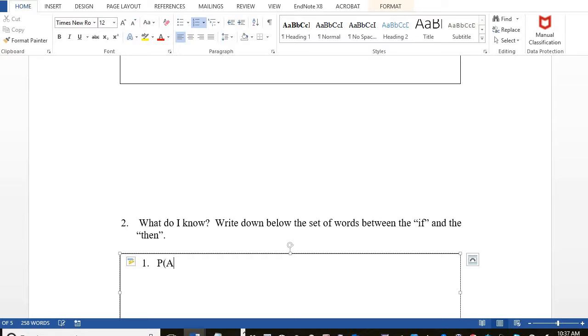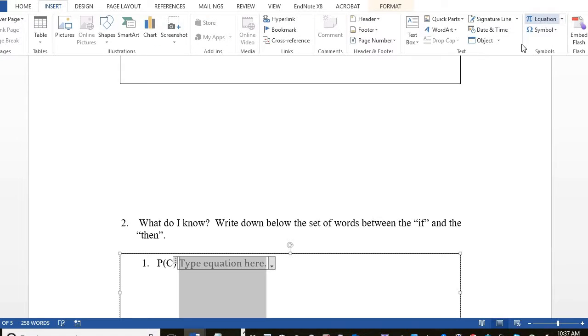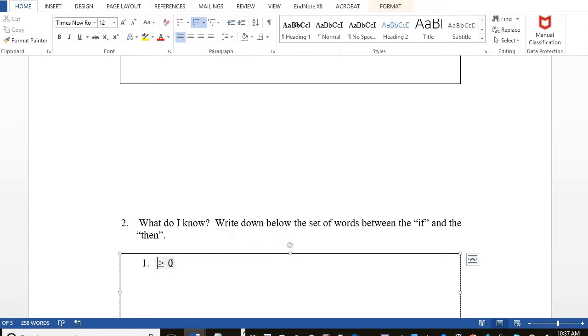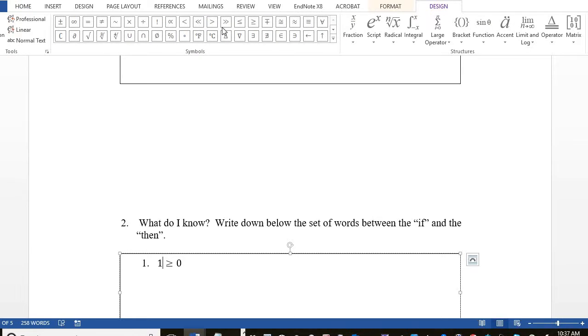So you know those properties of probability. One is that P of C is greater than or equal to 0, and then less than or equal to 1. Sometimes I use that, so I'm going to put it in here.